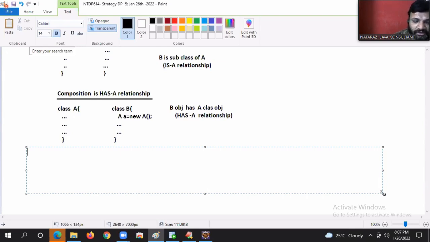When should we use composition? I'm asking a different question.